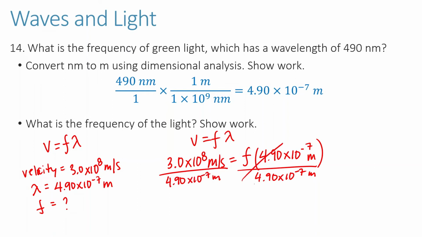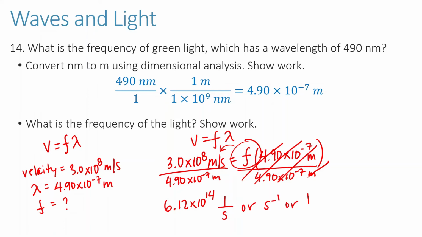So it will cancel out here, and we're just left with frequency is equal to whatever this divides out to be. Typing this in your calculator, this is going to give you 6.12 times 10 to the 14. And the units on that, we have 1/second. Meters are going to cancel. So 1/second, or you could put s to the minus 1, or you could put hertz.